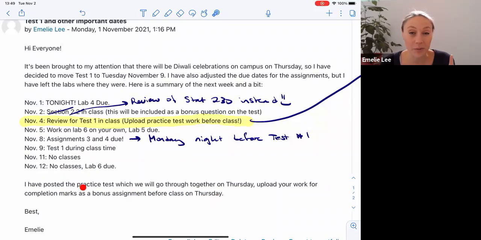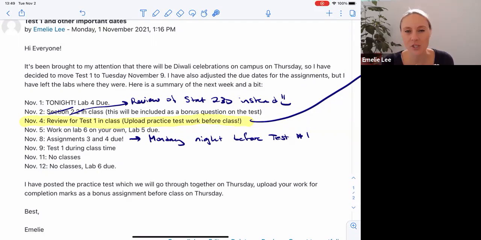Upload your work for completion marks as a bonus assignment before class on Thursday. What that means is you upload your work and you get 1 mark out of 1, and that'll bump out whatever your lowest assignment mark is. So if you're missing an assignment, this is a good place to start.